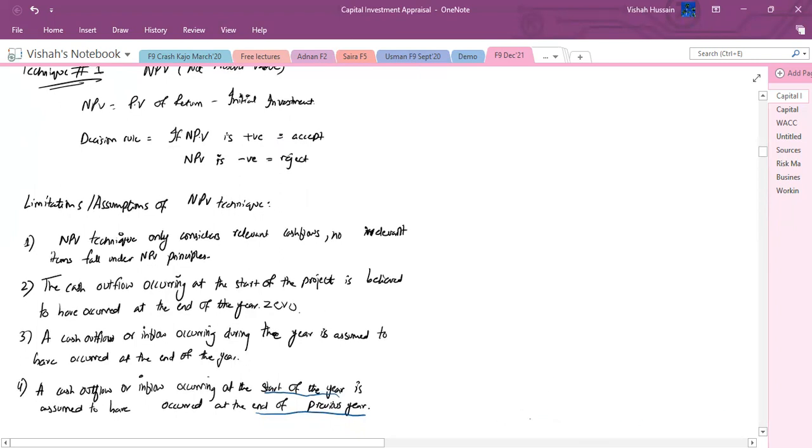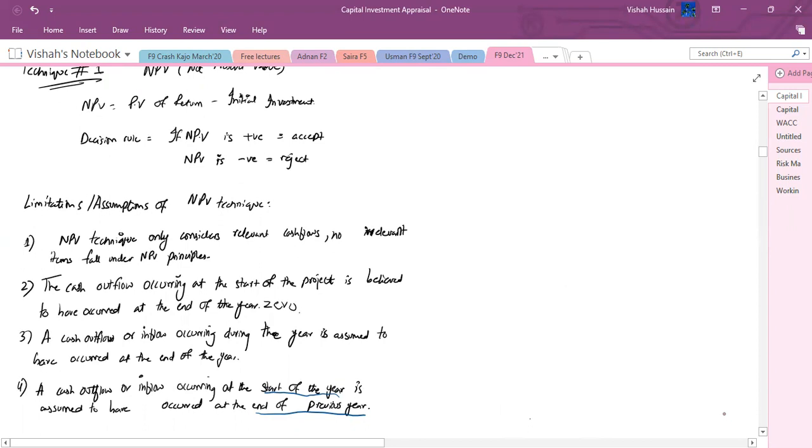Now, there are some assumptions and limitations of NPV. The NPV technique only considers relevant cash flows. No irrelevant cash flows are going to be considered under NPV. What do I mean by relevant and irrelevant cash flows? Relevant cash flows are all those cash flows that are coming because of your decision making.